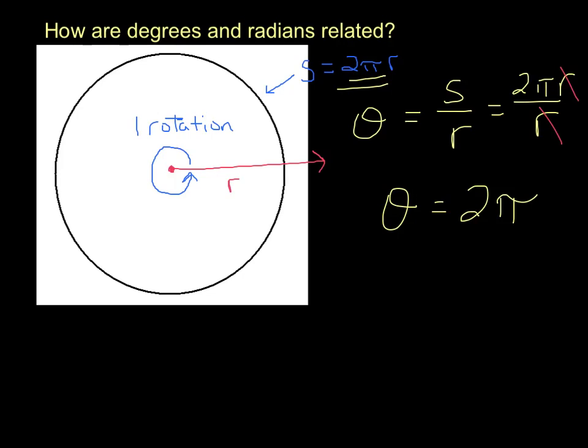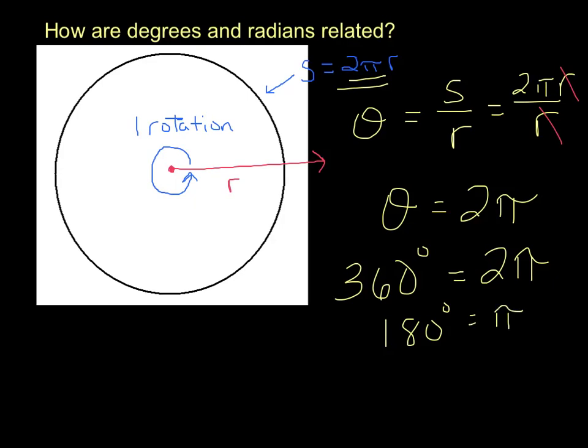Well, we already know from our geometry days that in terms of degrees, 1 rotation around a circle is 360 degrees, which means that 360 degrees is equal to 2 pi radians. And if I were to divide both sides by 2, then 180 degrees is equal to pi radians.